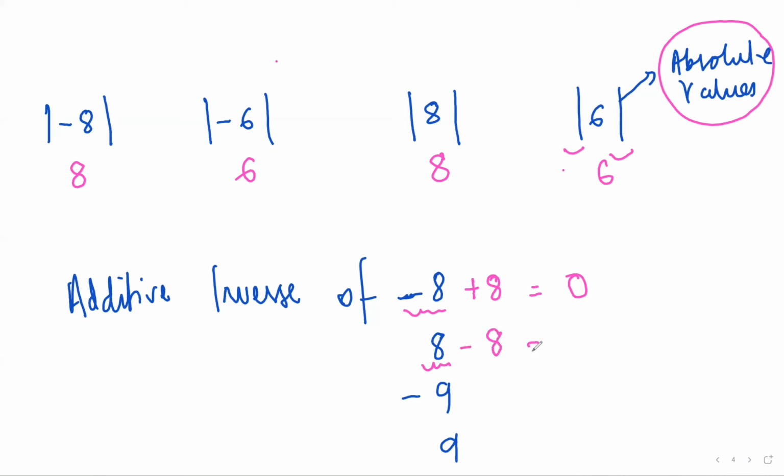It is negative 8, answer 0. Additive inverse of negative 9 is positive 9, answer 0. So this is the way additive inverse works. Remember, drill this in your mind. In case of absolute value, negative becomes positive, positive remains positive. In case of additive inverse, negative becomes positive, positive becomes negative.